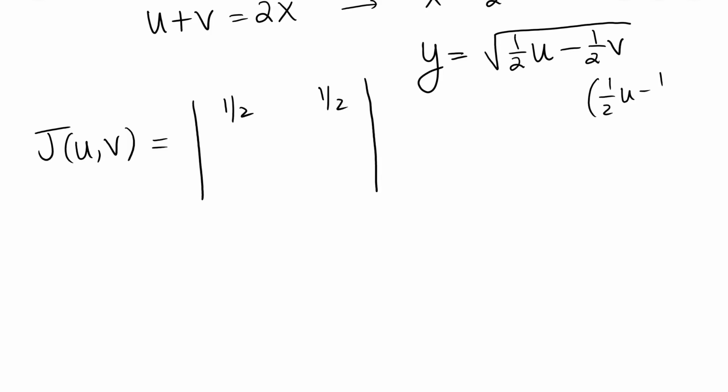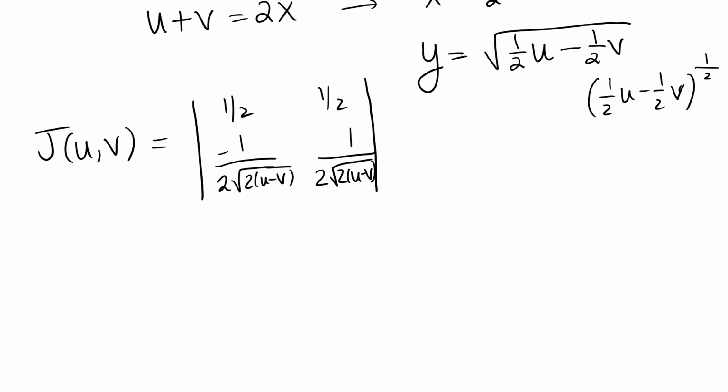I'm going to have 1/2 u minus 1/2 v to the 1/2, right? So if I take the partial of that with respect to u, I'll tell you right now we get a negative 1 over 2 times the square root of 2 times u minus v. Okay, and then here I'm going to get a positive 1 over 2 times the square root of 2 times u minus v. I don't know if you're still with me.